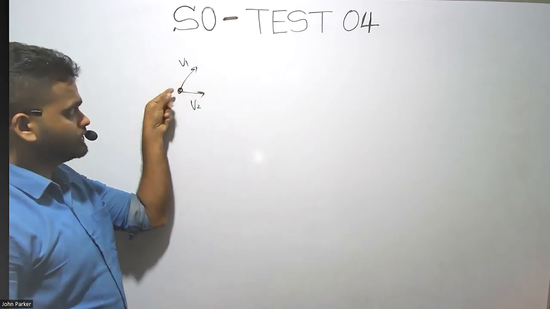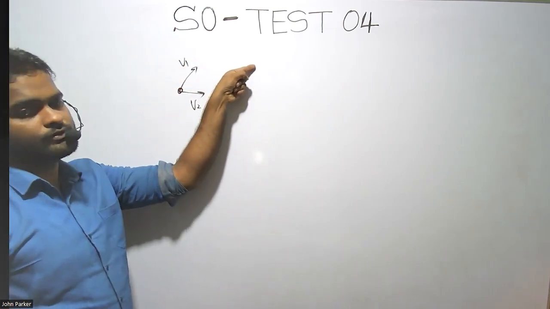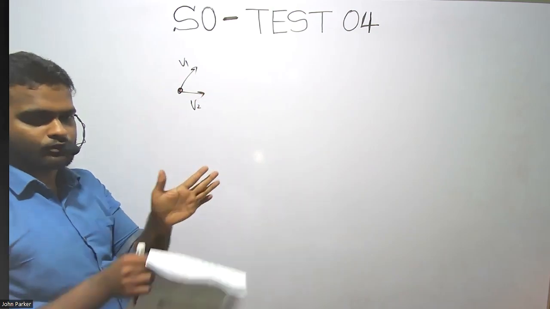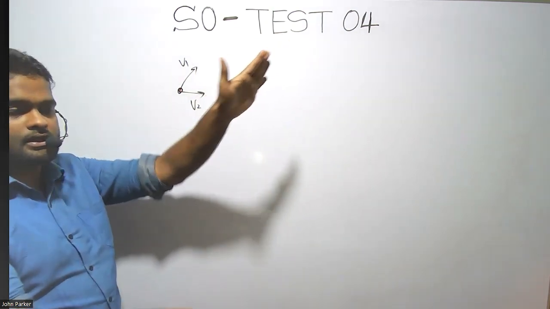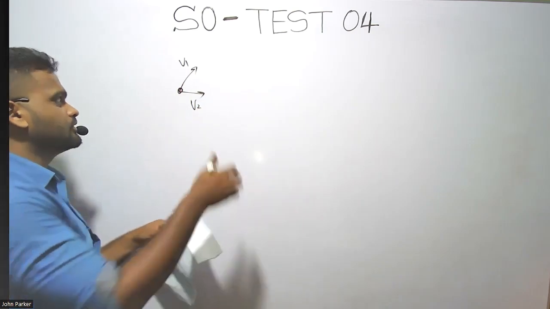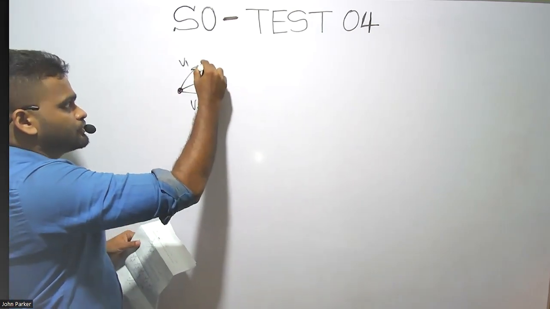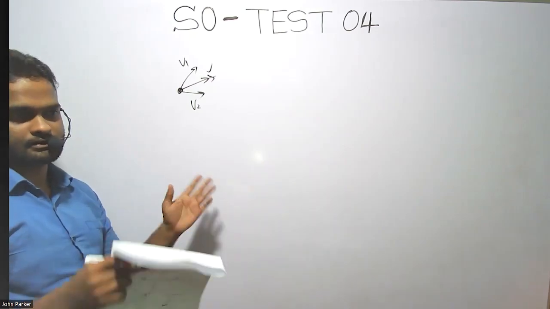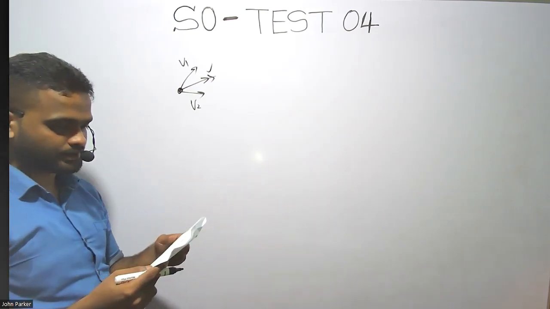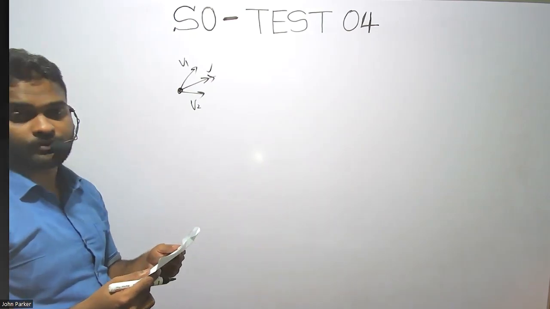The object actually moves in the resultant of those two velocities. An object cannot move in two different directions. Obviously the object moves in the resultant of those velocities. That is similar to forces, and similar to any type of vector actually.